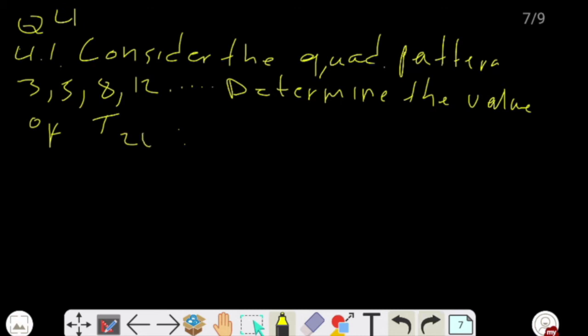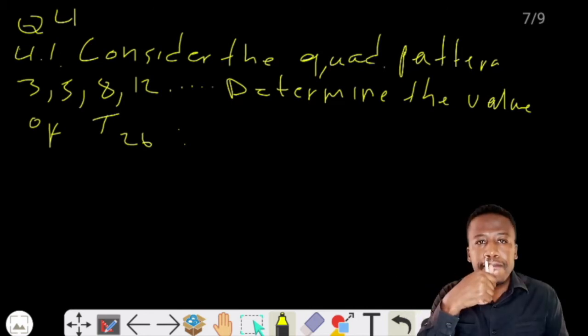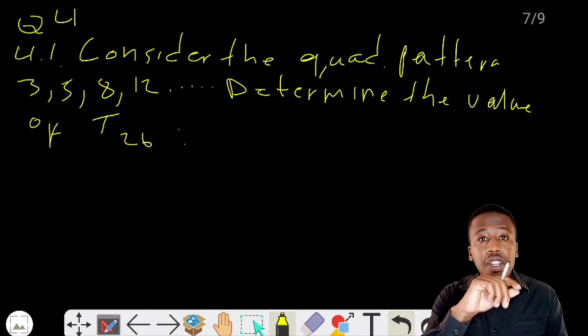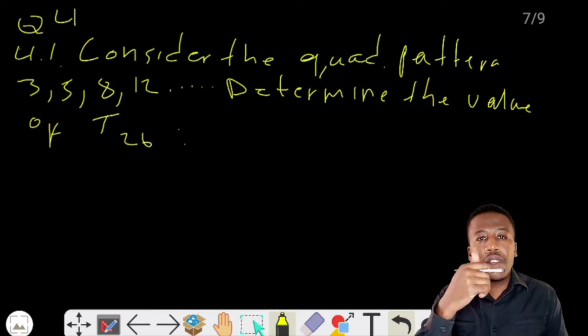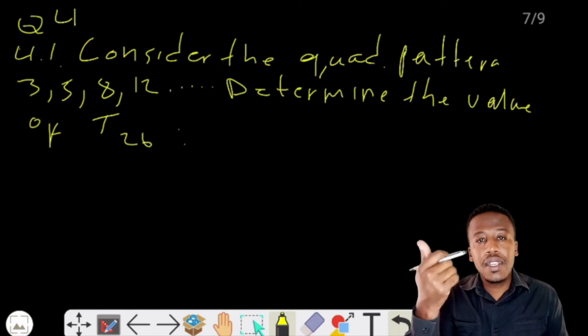Now there are a few things. There's actually one thing that I need to run by you guys. When we deal with a linear sequence and we're trying to find our A, it will be the first difference. That's when we deal with a linear sequence.